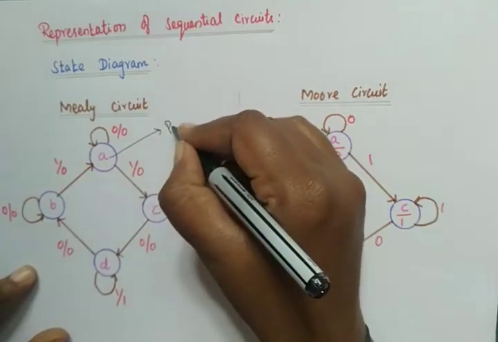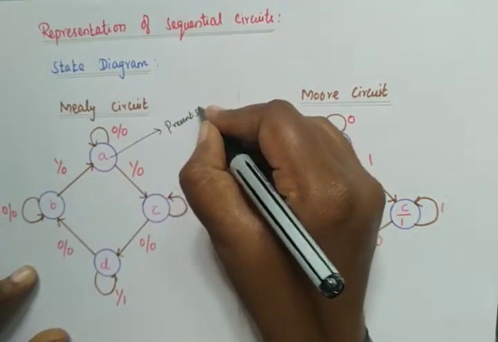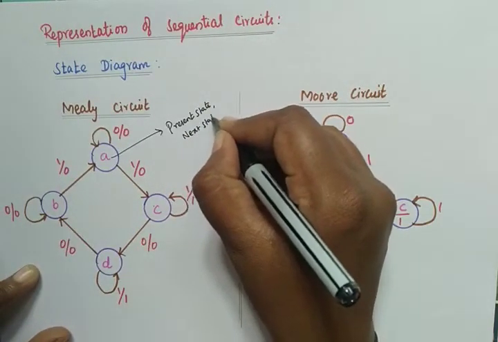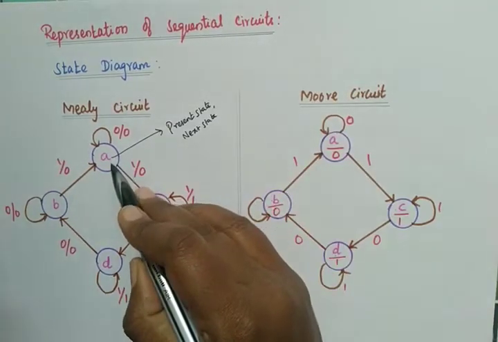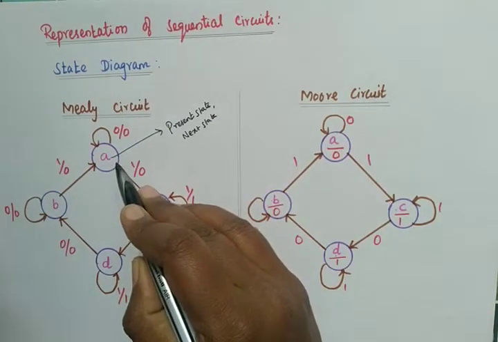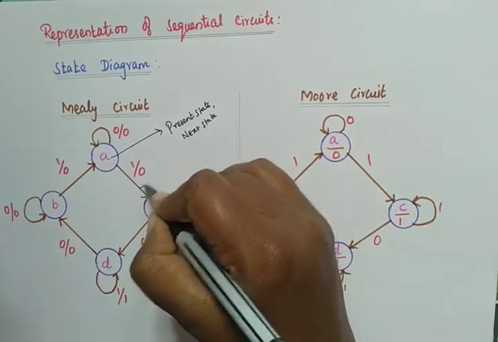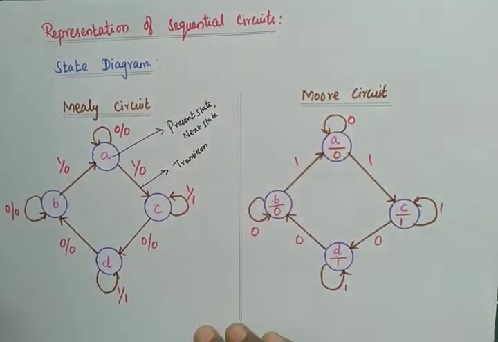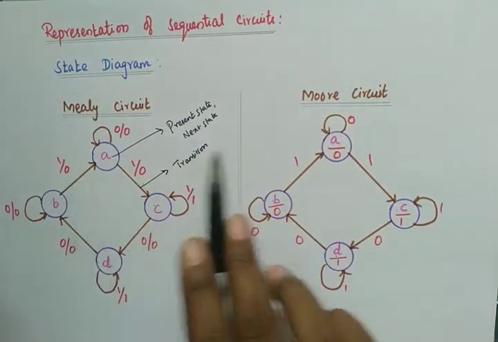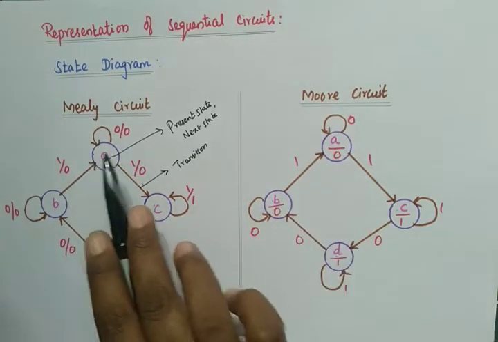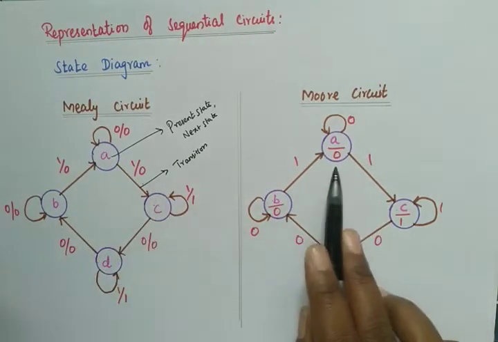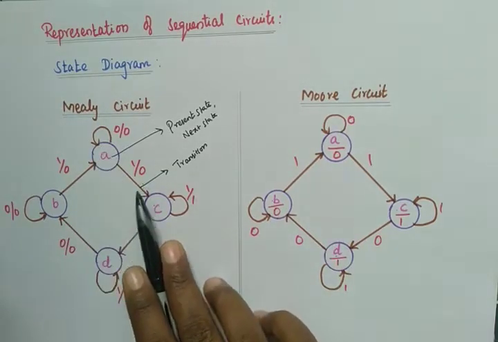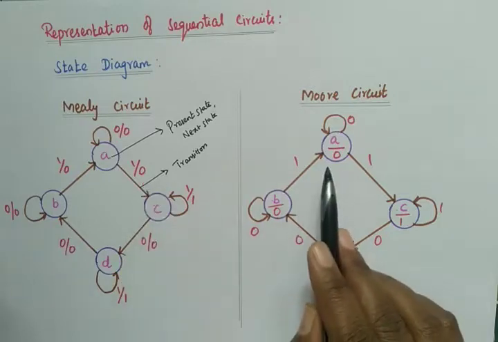So the circle represents states, and the line represents the transition of the states. In both the Mealy and Moore circuits, the circle represents the states: the present state and the next state.